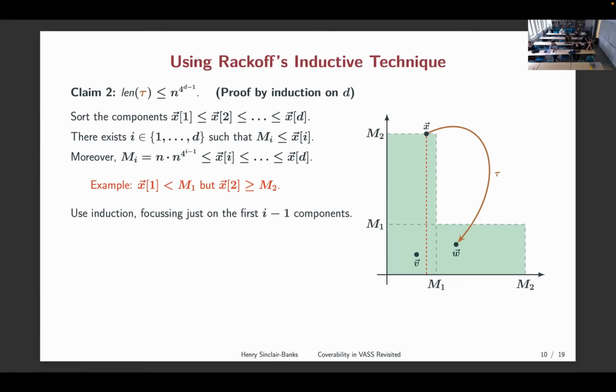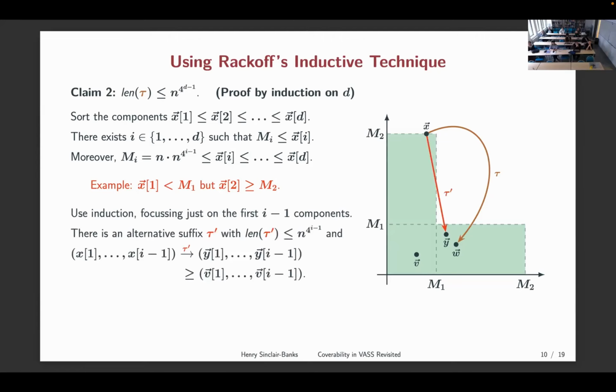Let's see what happens. By the induction hypothesis, I claim there'll be a run where, if you completely ignore the remaining i through d components, there'll be a run that witnesses coverability of length less than n to the 4 to the i minus 1. This will be some alternative path, which I've denoted in red as tau prime.